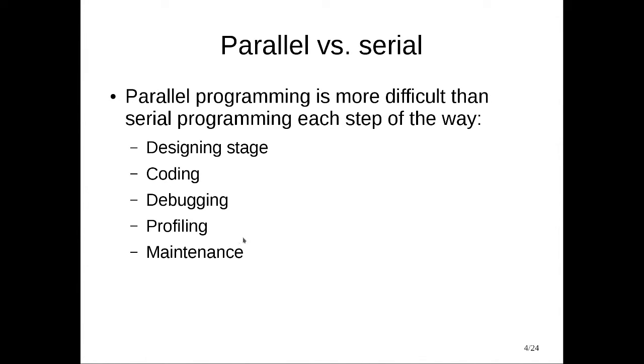The reality is parallel programming is more difficult than serial at each step of the way. I'm not going to be covering most of these points. For the purpose of today's seminar, we'll be discussing the middle point, the debugging, and specifically debugging of OpenMP programs.